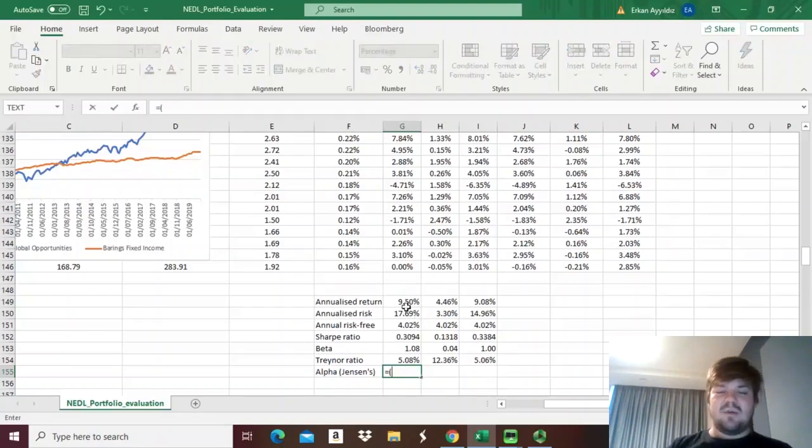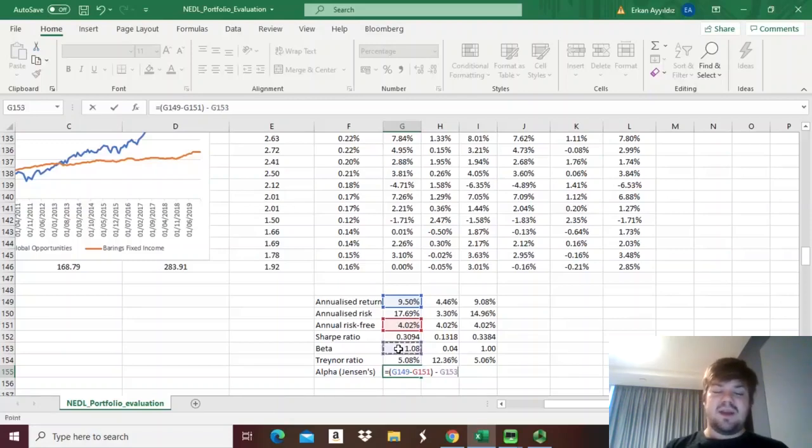So we take our annualized return, subtract the annual risk-free rate, and then we subtract the return that would have been expected of us if we had a beta of 1.08.